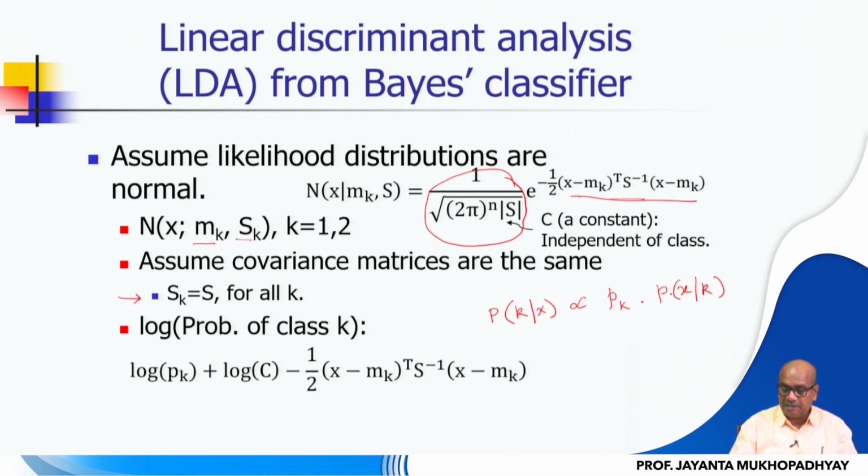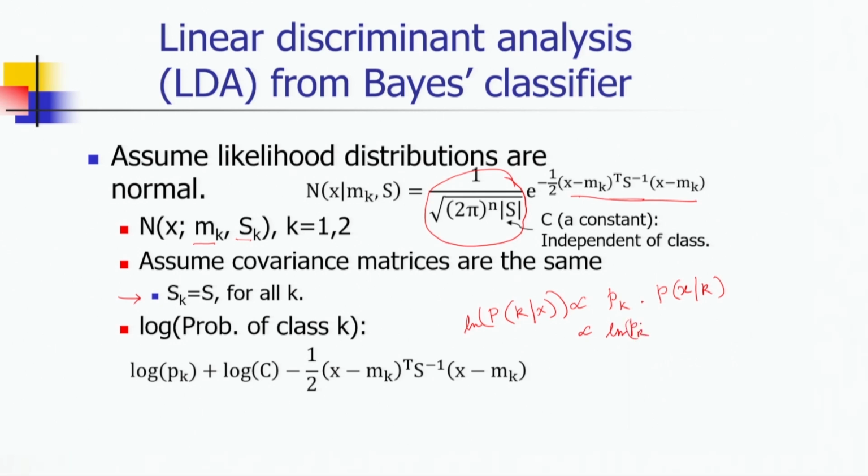So this is a likelihood. Now if I take the log of this, that would be proportional to log of pk plus log of probability of x given k.